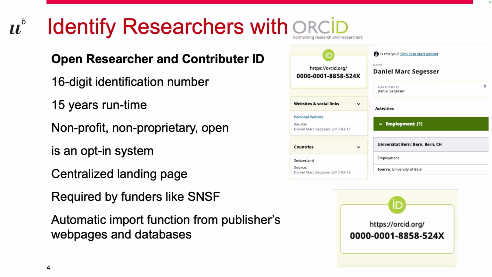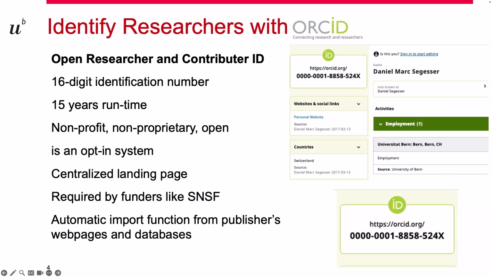And this is where the ORCiD comes in. The ORCiD, the Open Researcher and Contributor ID, gives you a unique lifelong ID that sets you apart from other researchers, even if you happen to have the same name. And it stays with you throughout your career.